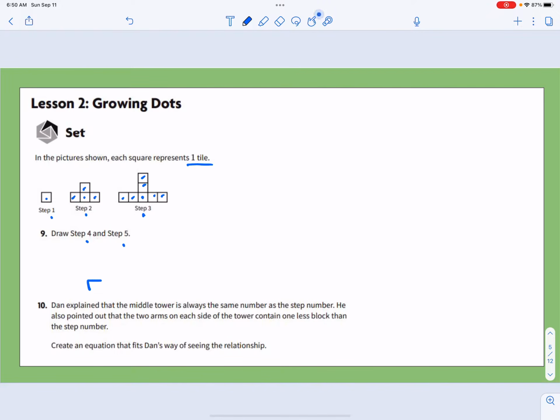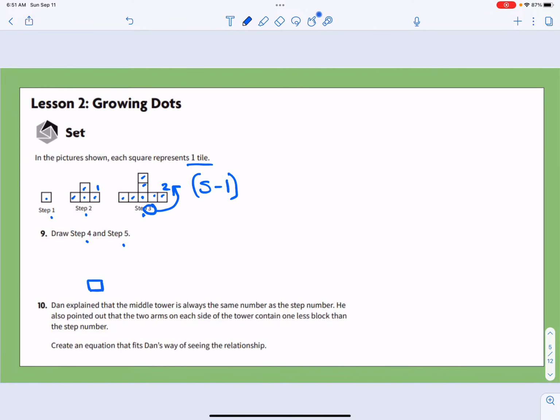So what I'm going to do for step 4 is draw my square, and because this one was adding 2 and that one was adding 1, I noticed that because it's step 3 and it becomes 2, it's like my step value minus 1 is what goes on around it.